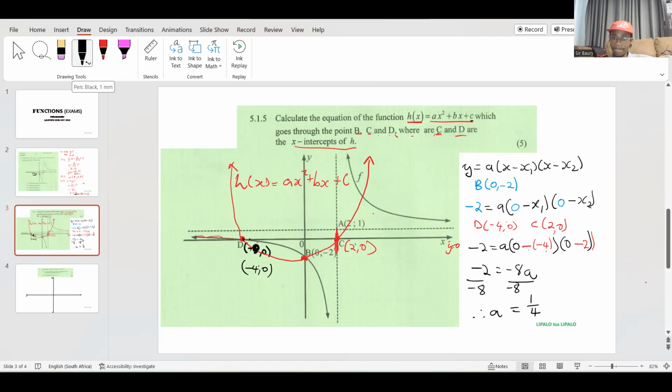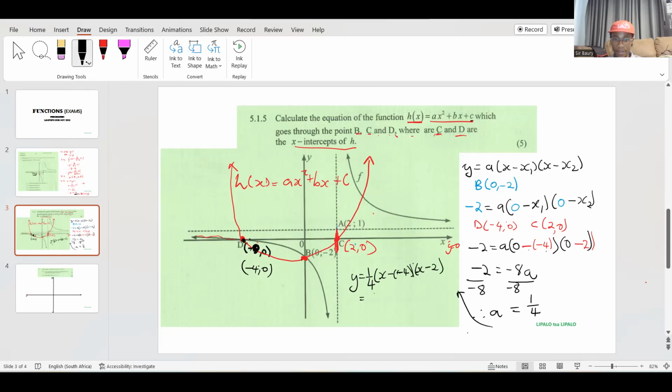And then go into the equation. Y is going to be equal to a quarter, then x minus, going back to the intercepts, minus 4, and then x minus 2.